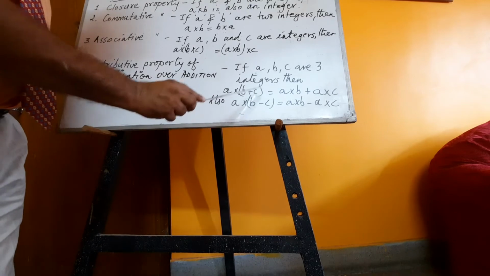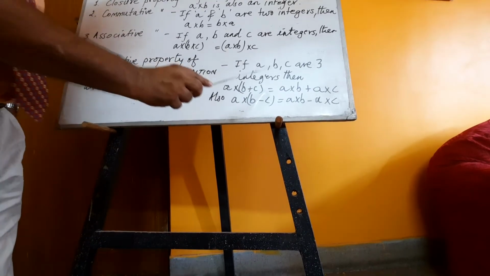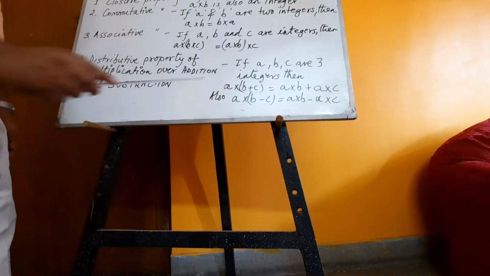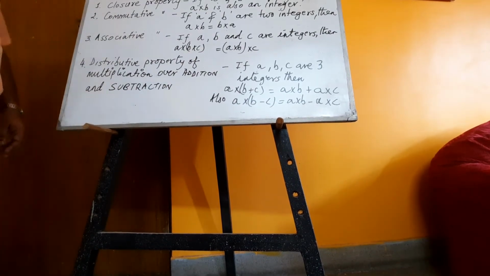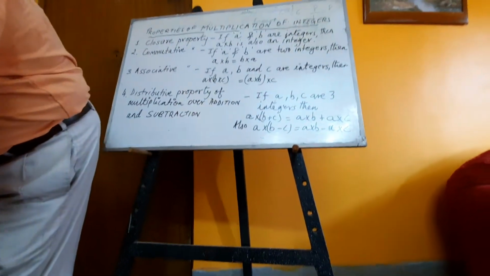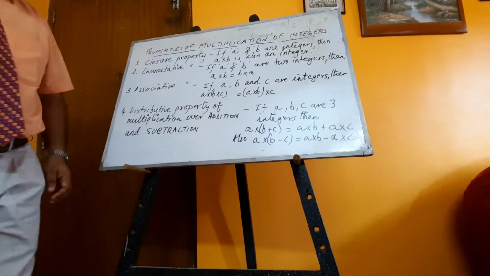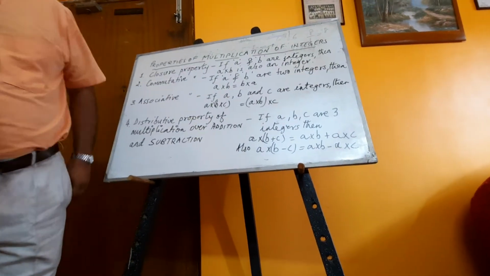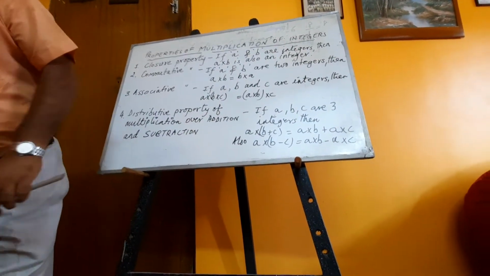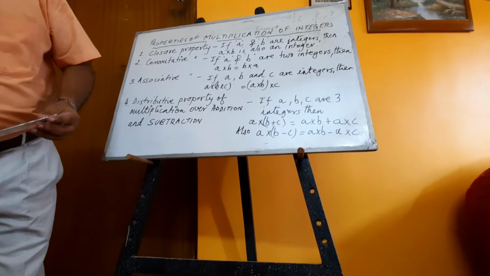Similarly, if it can be done with the plus sign or the addition sign, it can also be done with the subtraction sign in the same way. So these are the 4 main properties of multiplication of integers. And then we have 2 more which come under the group of properties of multiplication of integers.